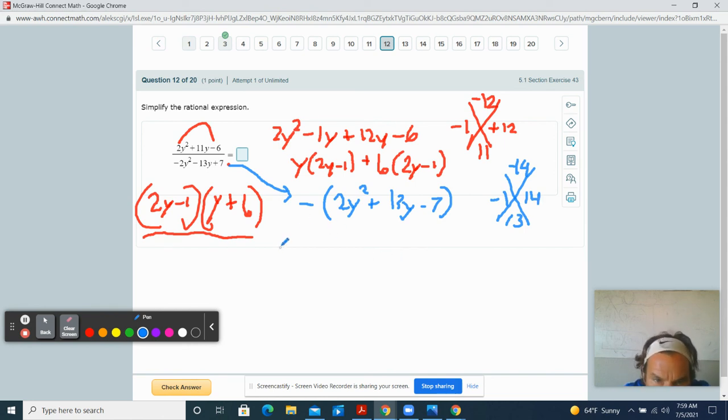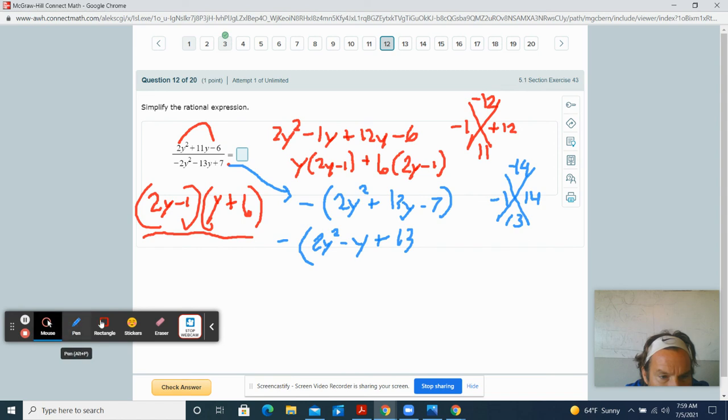So that negative stays out in front, and I'm going to leave it in parentheses: 2y squared minus y plus 14y minus 7. This has got to be 14 because I have negative 1 and positive 14.